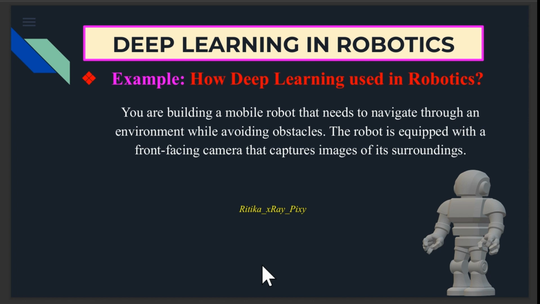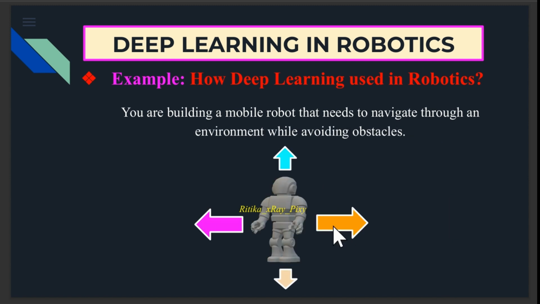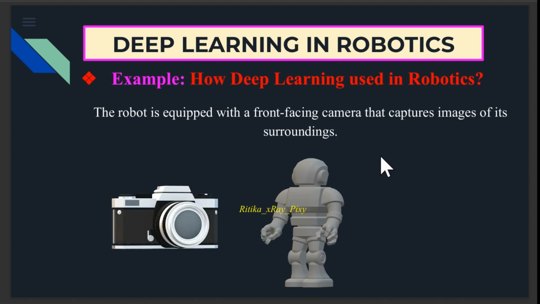Suppose you are building a mobile robot that needs to navigate through an environment while avoiding obstacles. This robot is equipped with a front facing camera, and this camera can capture images of its surroundings.